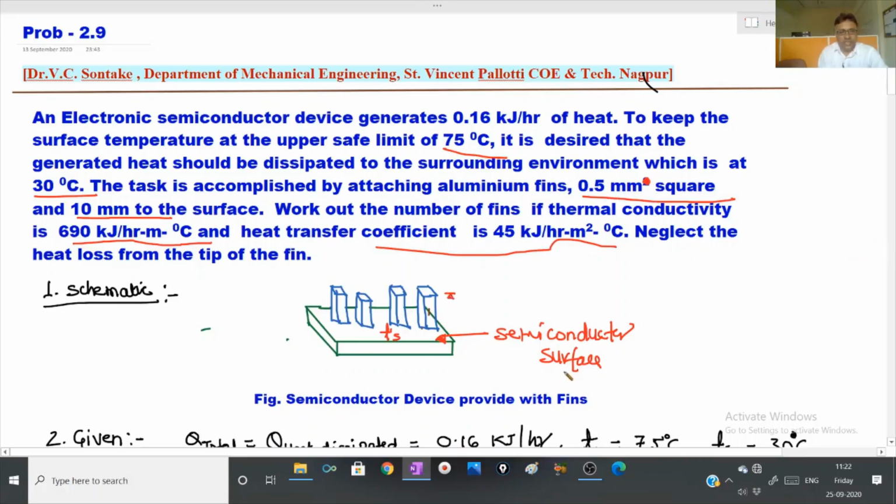Let's say the length of the fin protruded from the base surface is L, its width is B, and thickness is delta.